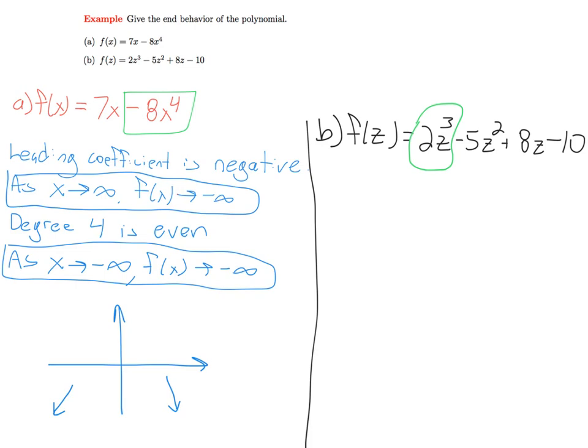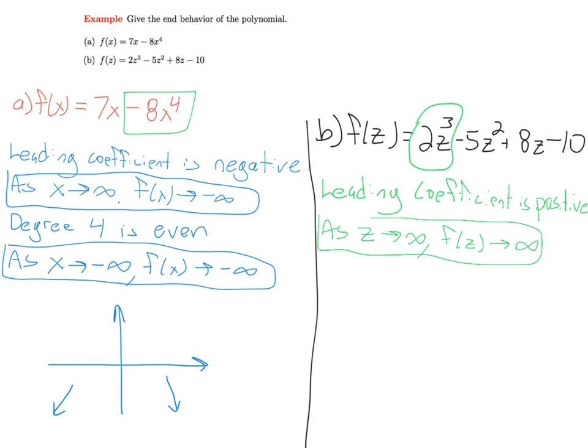So the leading coefficient here, which is 2, is positive. And so if the leading coefficient is positive, this tells me as z goes to infinity, f of z is going to go to infinity. So there's half of the end behavior.